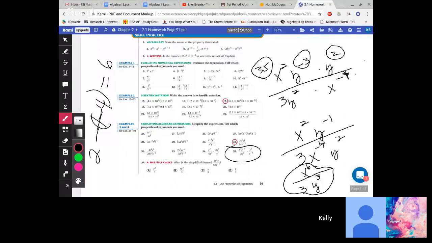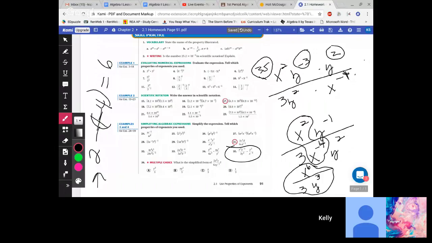And then I combined the bottom together, which gave me 3x to the negative 4th y squared. And then for my final answer, my 3 remained on the bottom. Then I dealt with my x variables, which would be 2 minus a negative 4, which I wrote over here, which gave me a positive 6. So that would have put that in the numerator.